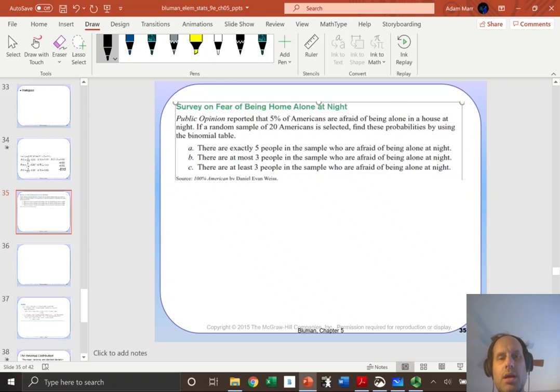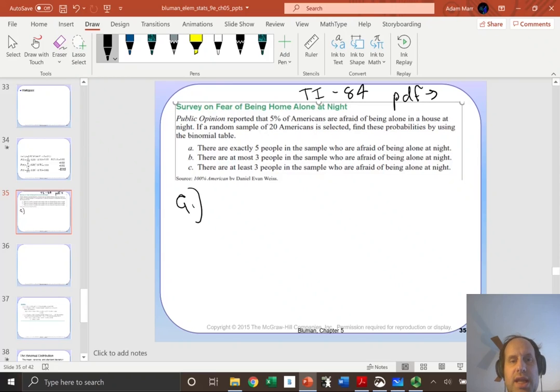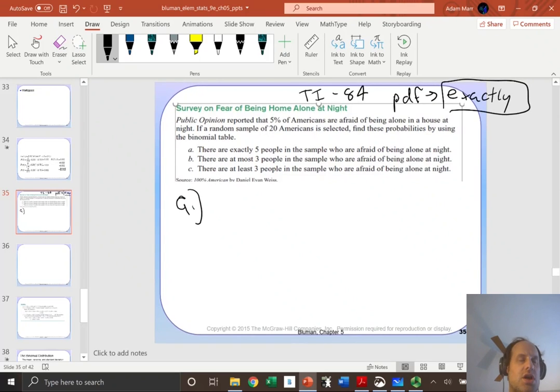So for A, yes, PDF would be great. Binomial PDF is for when they say exactly, where there's one outcome you're trying to find. There are exactly 5 people in the sample who are afraid of being alone at night.